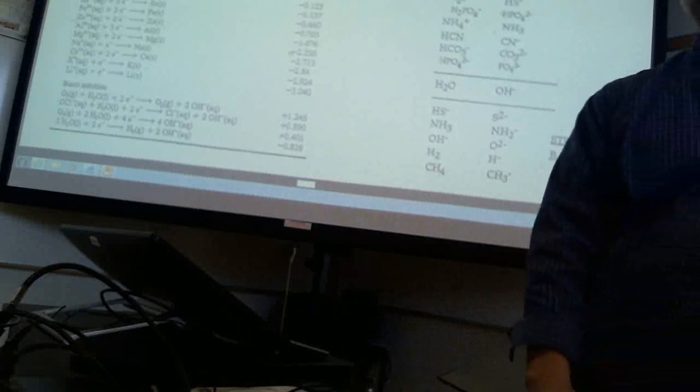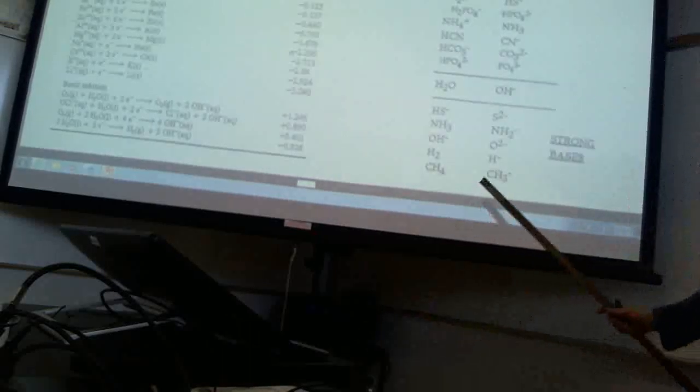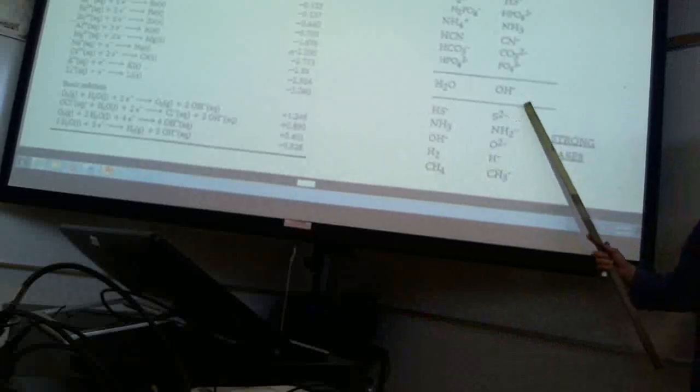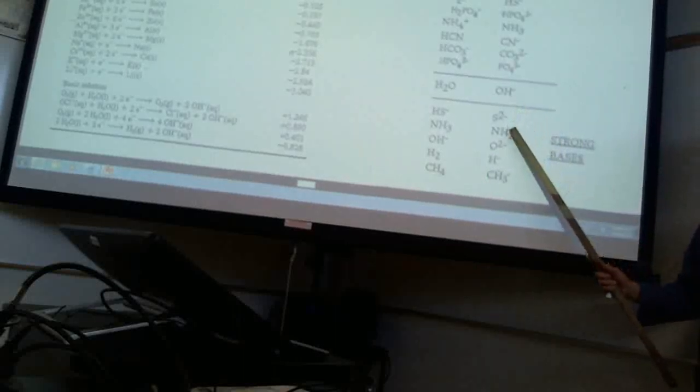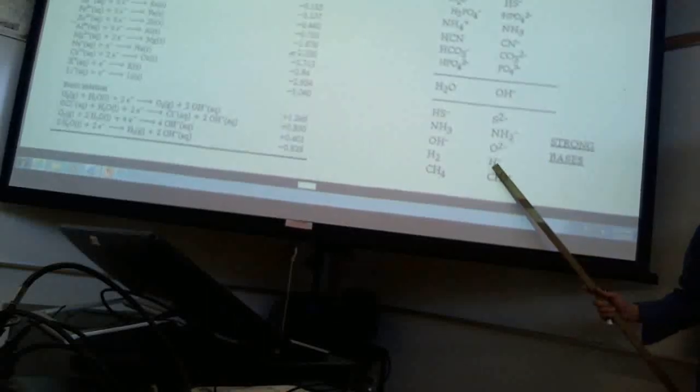Strong bases are strong electrolytes. Oh, actually, we'll continue down. So memorize these. Well, you don't have to memorize. You see this enough that you just remember it. Hydroxides, sulfides, amides, oxides, hydrides.